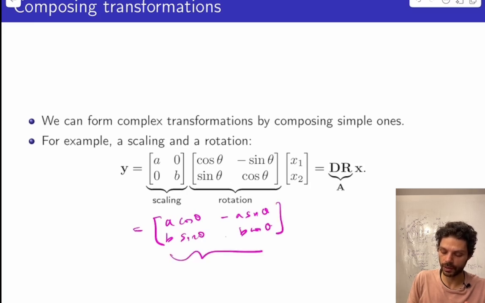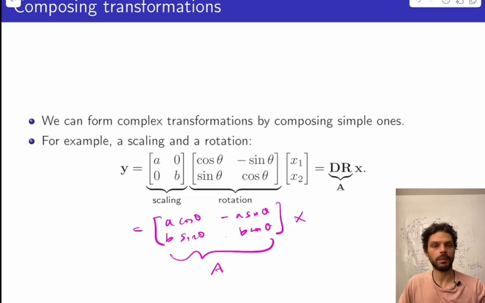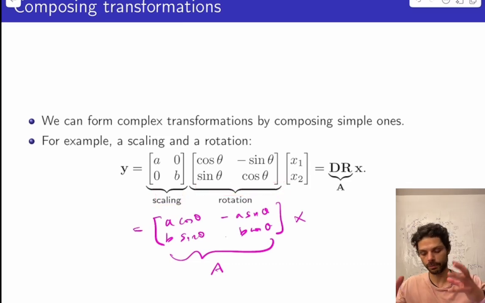So that would be our A matrix. If we looked at that, we wouldn't immediately see what it meant. But if we stared at it a bit, we'd see that it's actually a combination of a rotation and a scaling. So that's one way of building more complicated transformations out of simpler ones.